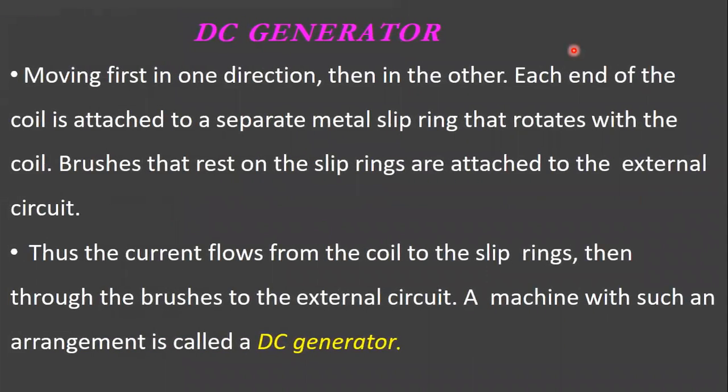See children, the difference between the direct current and the alternating current is that the direct current always flows in one direction, whereas the alternating current reverses its direction periodically.